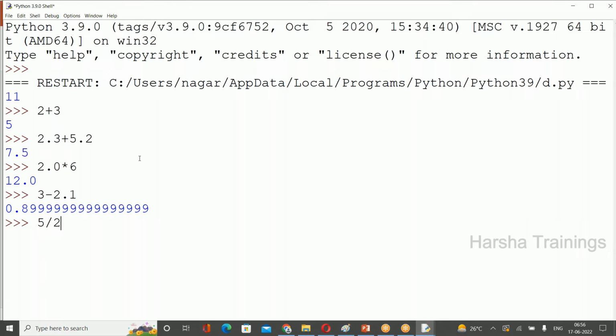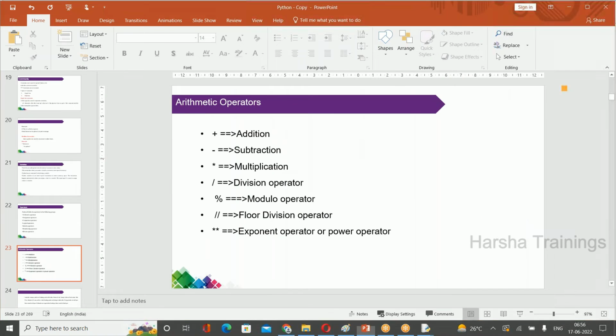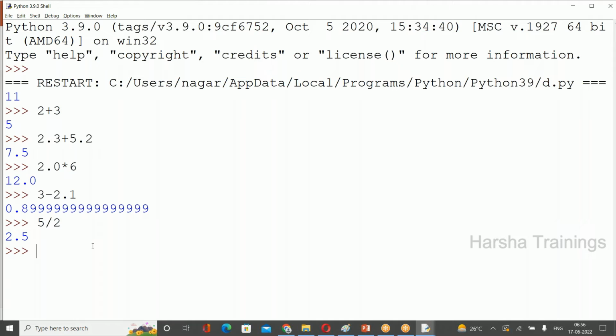So what is the result? The result is quotient. What is the answer? Just now we discussed. The answer is 2.5. Now, even though both are integers, observe the fact, the result is fractional in normal division.